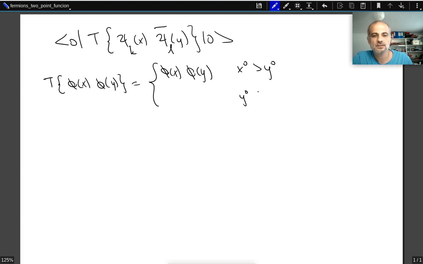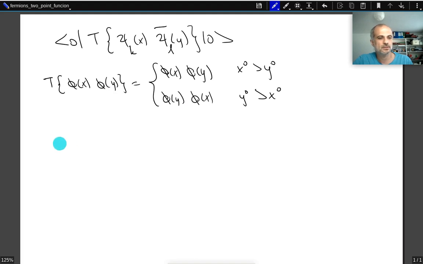So if the chronological order is different, then we just change the position of the operators. So what time ordering tells us is that, before using that expression, we should change the order of the operators, setting the commutation relations to 0, such that at the end all the operators appear in chronological order, like here.